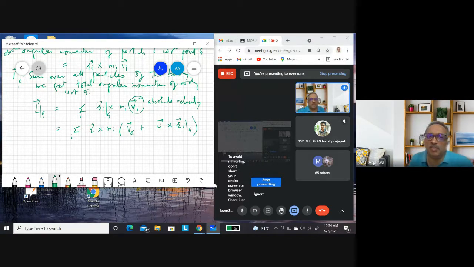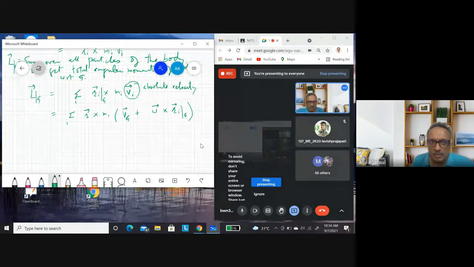So this is nothing but velocity of the centroid plus relative velocity of the particle with respect to the centroid. So now what we can say, Ri cross MiVG. I am just using distributive law. So vector product over addition follows the distributive law.